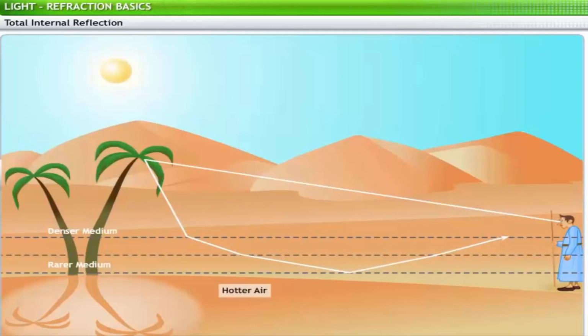This bending continues till a stage is reached where the angle of incidence becomes greater than the critical angle, and total internal reflection takes place. The totally reflected rays that reach the eyes appear to come from a point on the ground, where the image of the tree is formed. Thus, we see inverted images of trees even though there is no water around.